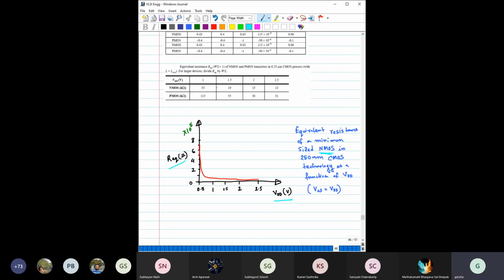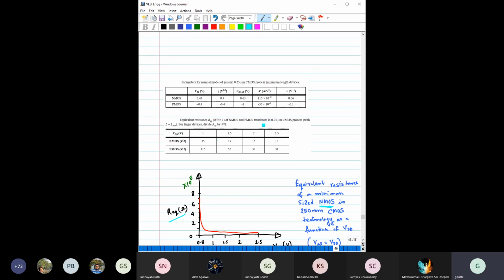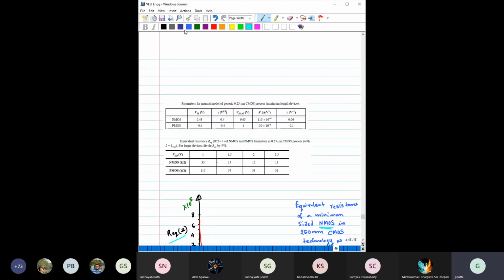Now, to give you some idea of what this value would be for a particular CMOS technology node, let us consider the CMOS 250 nanometer technology node. 250 nanometer technology node CMOS means here the gate length is equal to 250 nanometer or 0.25 micrometer.